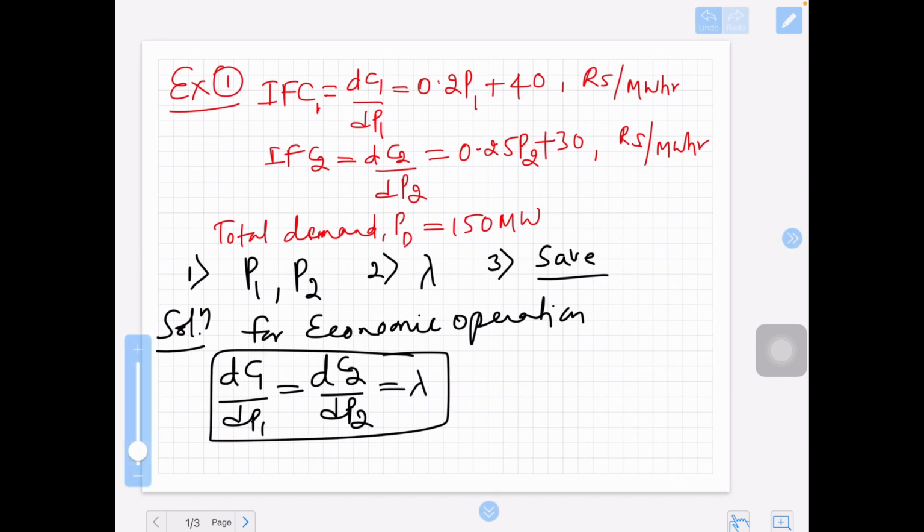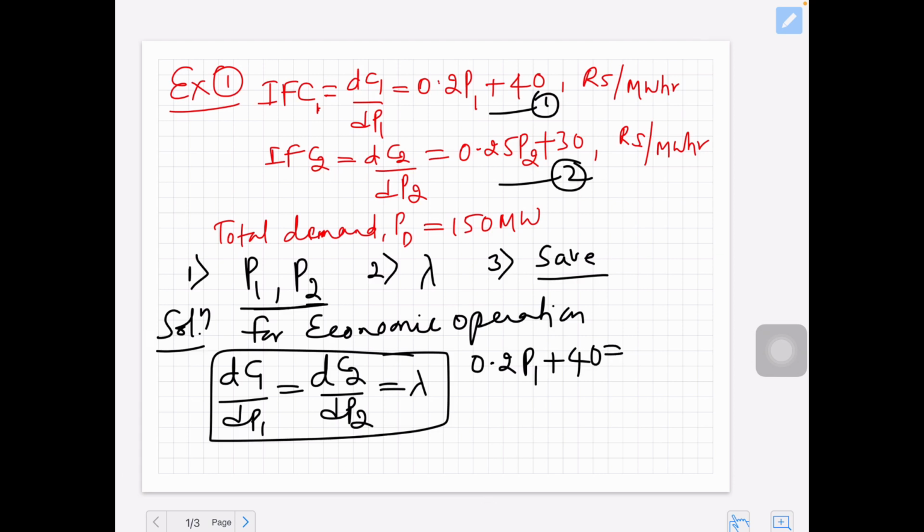Here they are given the incremental fuel cost equations. So two unknowns, two equations we need. If you equate dC1 by dP1 and dC2 by dP2, we will get 0.2 P1 plus 40 is equal to 0.25 P2 plus 30. This is equation 1, and the equality constraint is that the sum of the generation should be equal to PD.